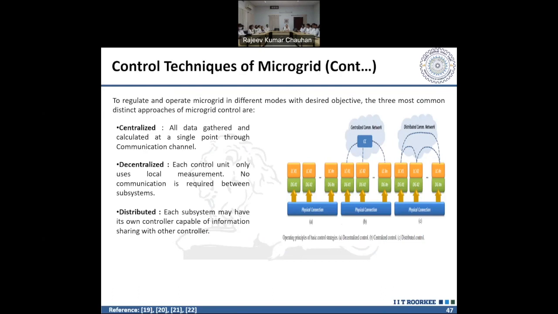In decentralized, all these controllers are communicating with some central system, and with this central system, all control action will be taken by this central control. In distributed control, we will have communication between each unit. Depending upon the status of each unit, the decision is to be taken for any particular unit.